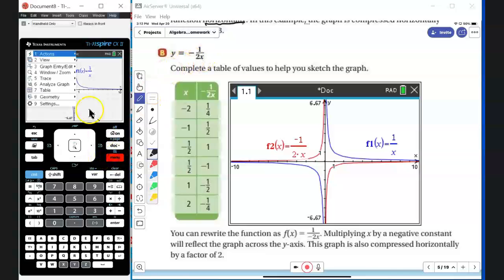So I'm going to go to menu, graph, and we have -1/2, or I want to say 1 divided by -2x.